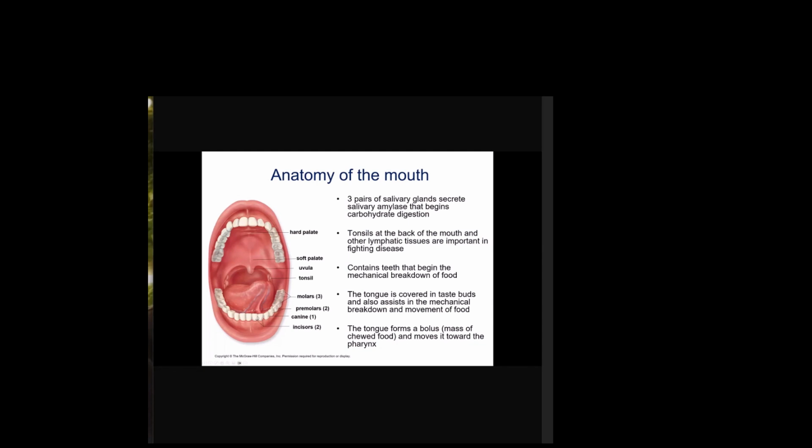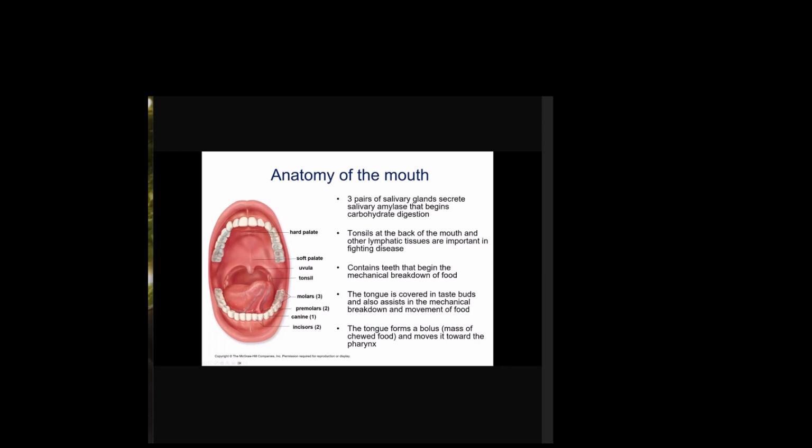Incisors are a little bit sharp and flat at the tip, so they are used for cutting. Then we have a pair of canine teeth below, and a pair above in our upper set of teeth. Following those, we have premolars and molars.